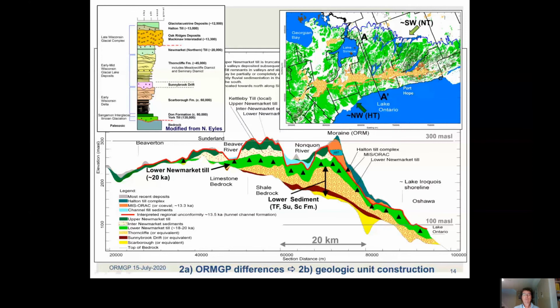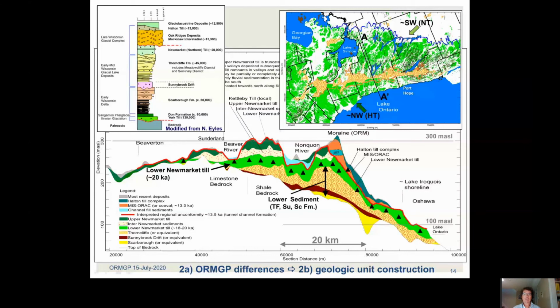So what we've done is to the north and to the east, we've taken the Newmarket till and we've split it though, because what we think is that we've got a lower part, which is basically lower Newmarket till, very over consolidated, almost like a concrete sidewalk.